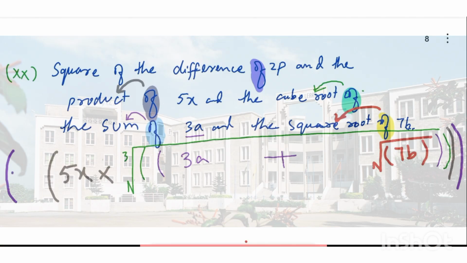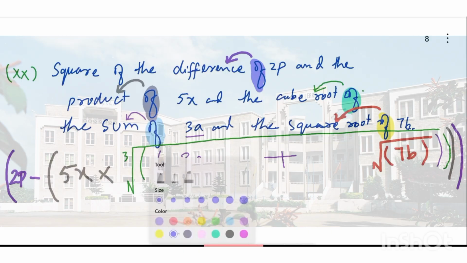So 2p we'll be writing here, no other variable, because the other variables have already been described. So 2p, and before this it says "difference", so we'll be putting a difference sign.